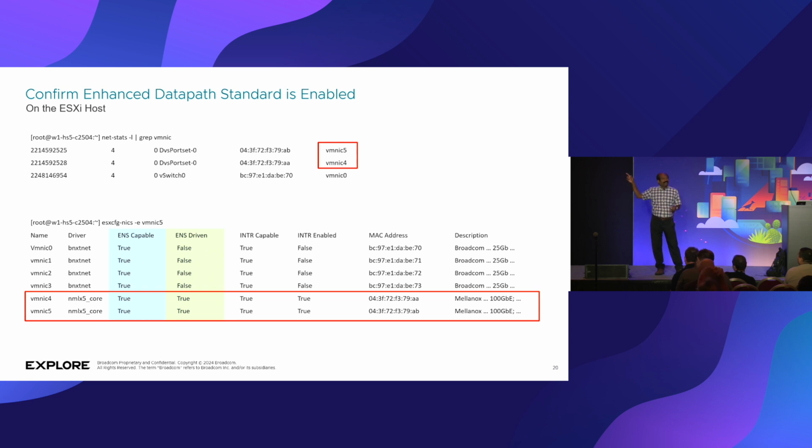But if you look at the rest of the stack, that's not enabled in those cases. And it's the same thing with INTR, interrupt, that is the enhanced data path standard mode. You can confirm, okay, fine, this is actually running in the enhanced data path standard mode.